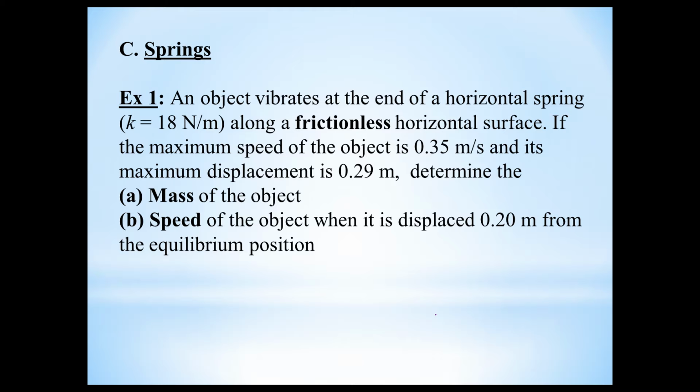Okay, let's start off by drawing a picture showing what's going on here, and then we'll worry about the math afterwards. So let's say here's a wall, and I'm going to make the equilibrium position this line. So let's say equilibrium.